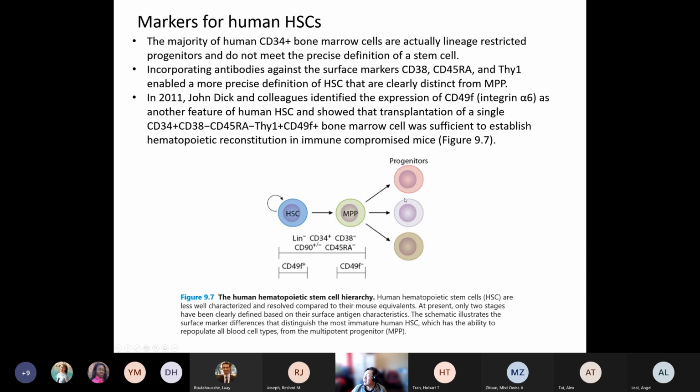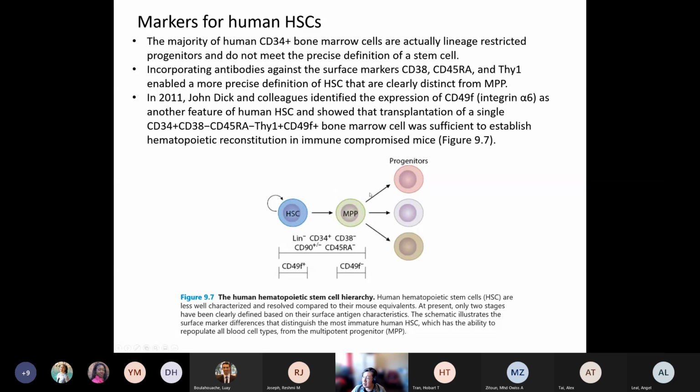And later on, another scientist, John Dick, identified that CD49F, which is also called integrin alpha 6, is another marker that he can use to even distinguish the stem cells from multipotent progenitors.